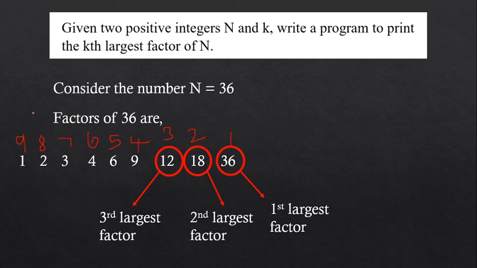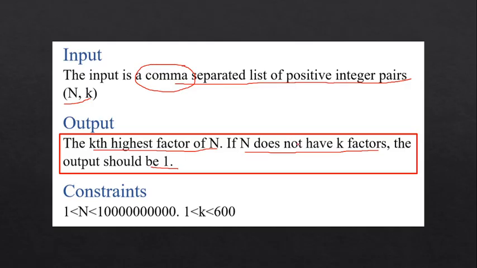If I ask you for the 10th factor, if k value is 10, do we have any 10th factor here? No, we don't have any 10th factor, which is what they are telling you. If 36, the number we have considered, does not have the 10th factor, output should be 1.